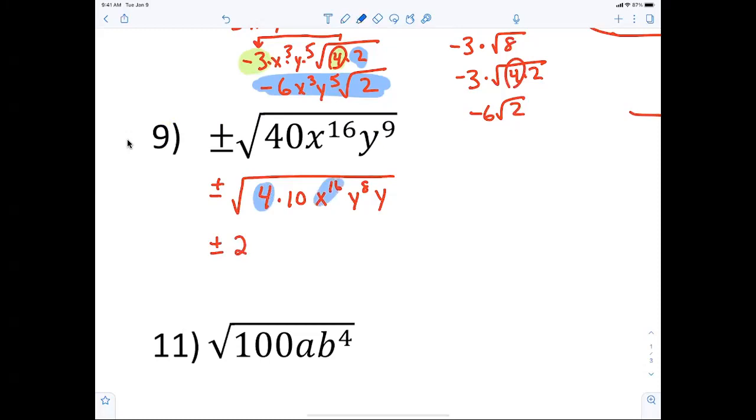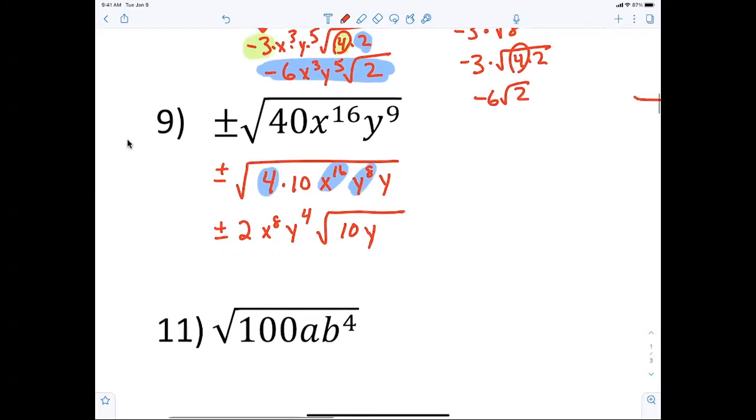What's the square root of x to the 16th? X to the 8th. What's the square root of y to the 8th? Y to the 4th. And these are left behind: 10y. They have no friends to go out and play with, so they have to stay behind. In order to go out and play, you have to have a partner.